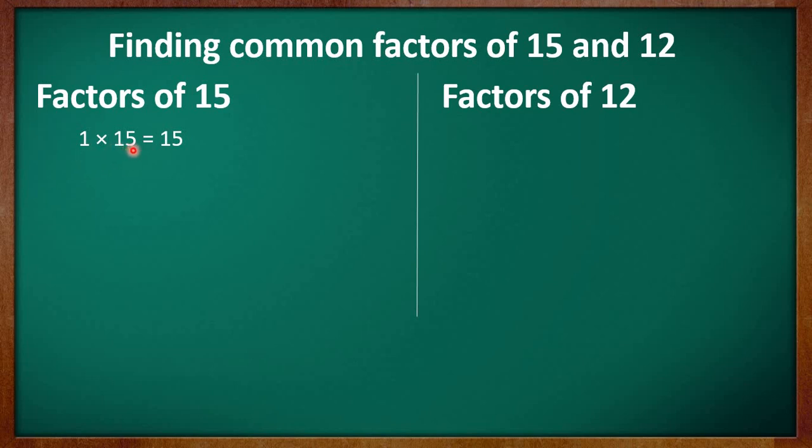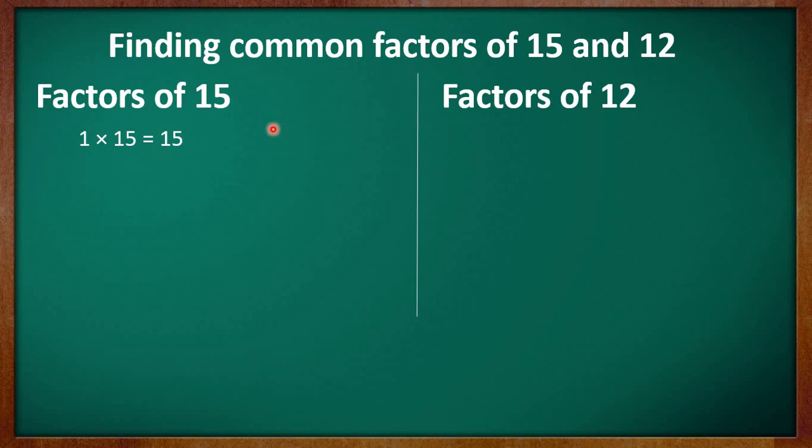Now, in order to find other factors of 15, let's try to divide 15 by 2. Kids, the division will leave a remainder 1, which means that 2 is not a factor of 15. Let's now try by 3. On division of 15 by 3, we get remainder 0.